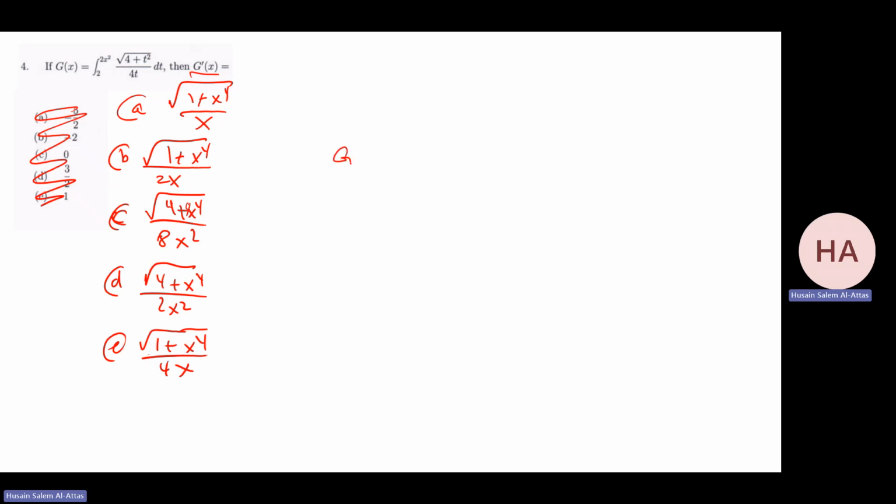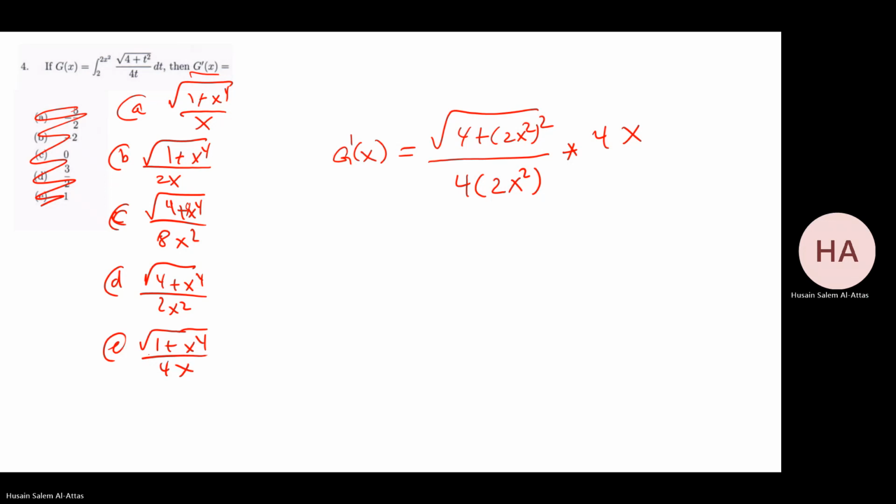Okay, so it will be g prime at x. It will be the square root of 4 plus 2x squared all squared, times the derivative of 2x squared, which is 4x. Okay, let us see what we will get.